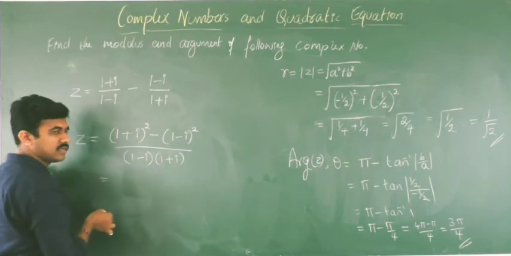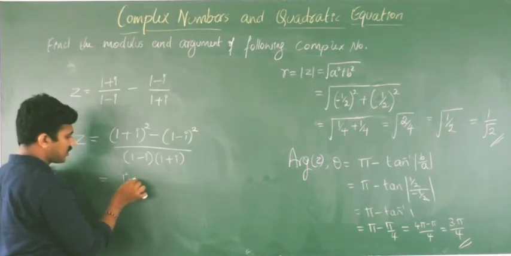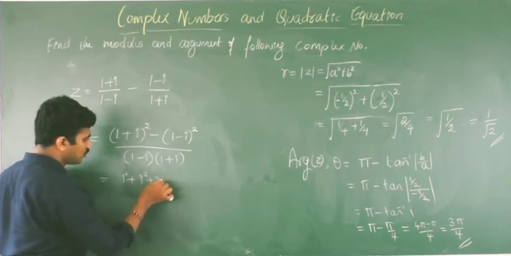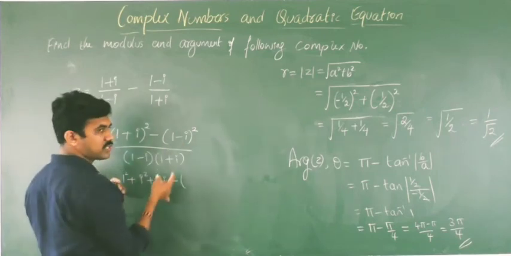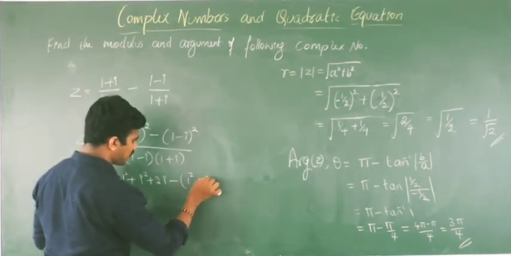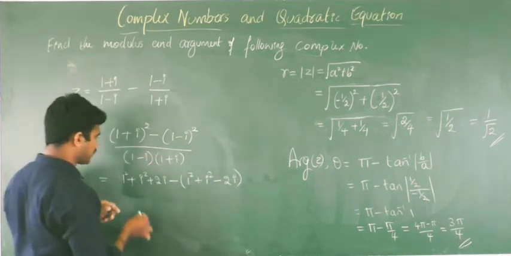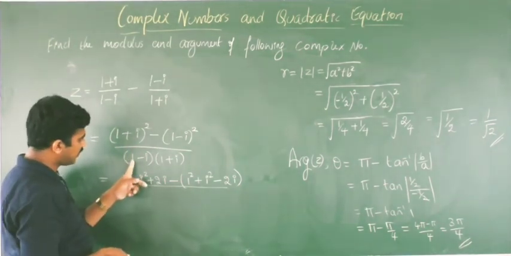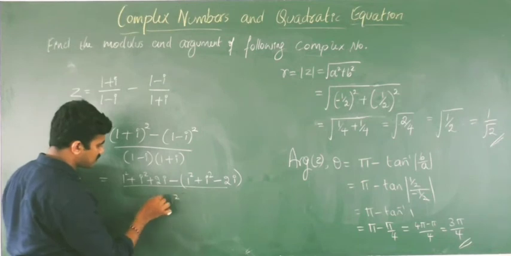Now this is nothing but a plus b whole square, it is a square, 1 square, b square means i square, plus 2 into 1 into i. Similarly here minus, inside the bracket, a minus b whole square, z1 square plus z2 square minus 2 z1 into z2, divided by a plus ib into a minus ib, a square plus b square, 1 square plus 1 square.